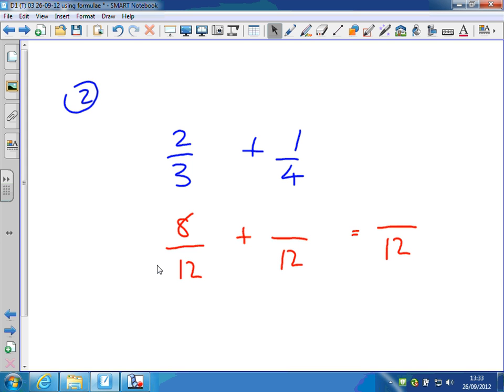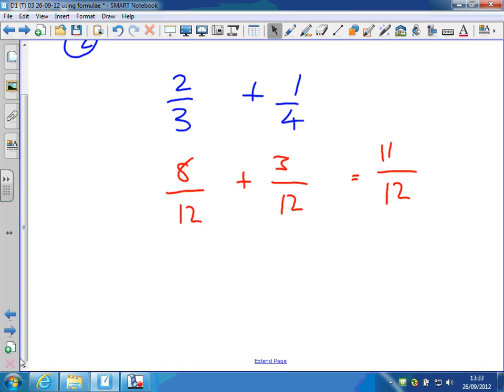Similarly, what have I got to times 4 by to get 12? 3, right? So what do I do to the top? Times by 3. 3 1s are 3. And now I can add them. Don't add the bottom numbers, that's just what you're adding. So I add the 8 and the 3 to get 11/12.